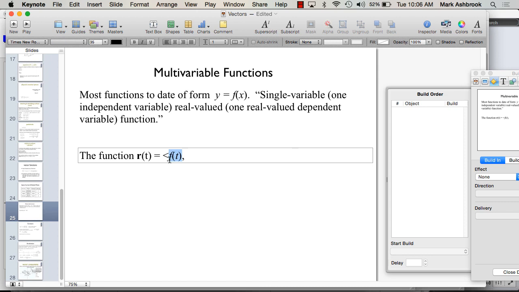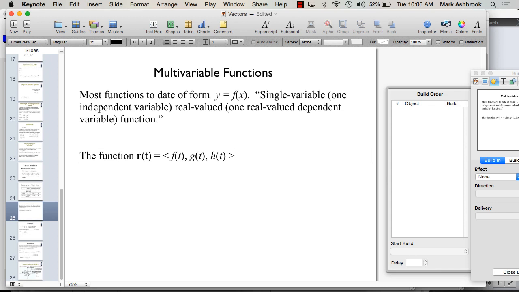Anyone want to take a shot? Is it single variable? Yeah, sure. What does single variable refer to? One independent variable. That's a single variable function. Is it real valued?